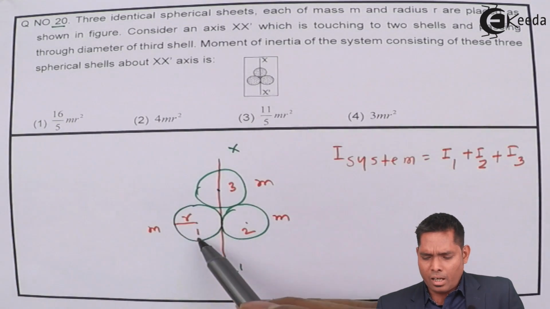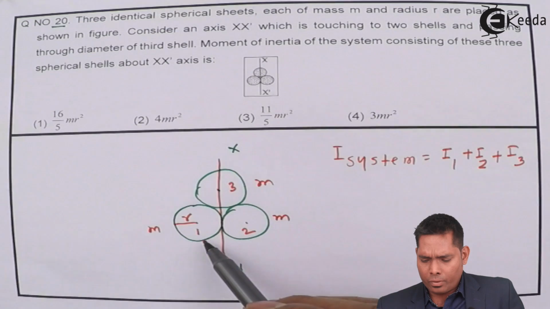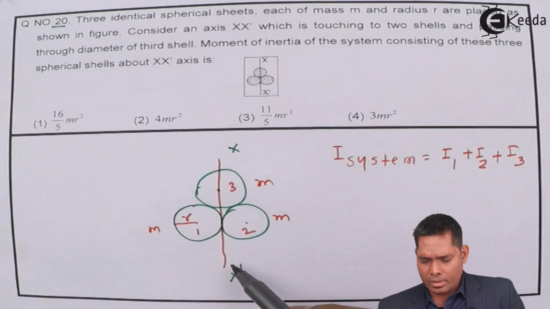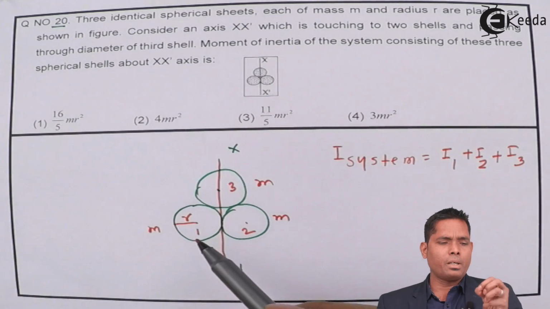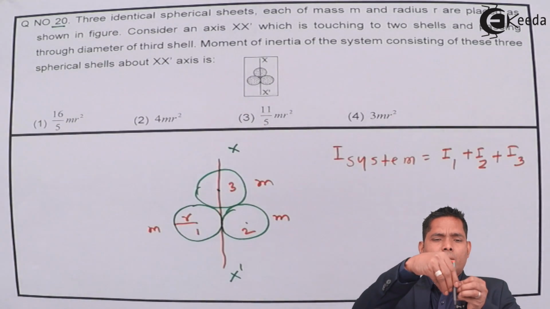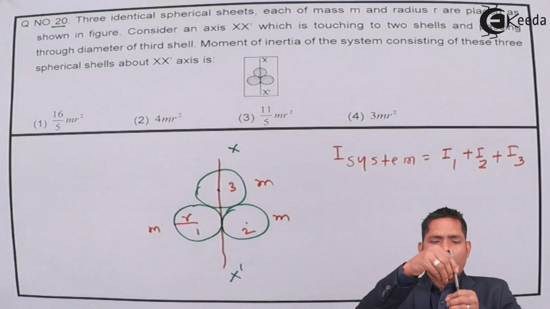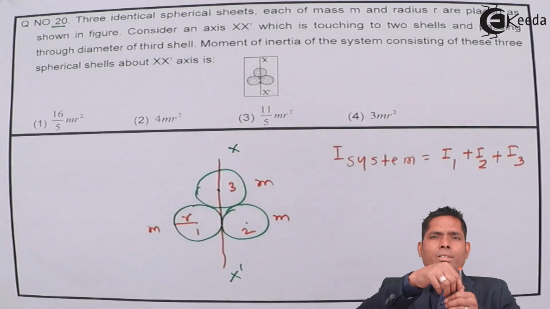The moment of inertia of this sphere about this axis, which is a tangent to this sphere. So the axis is like this, so it is a tangent. About this, using the parallel axis theorem, it is 2 by 3 mr square plus mr square.